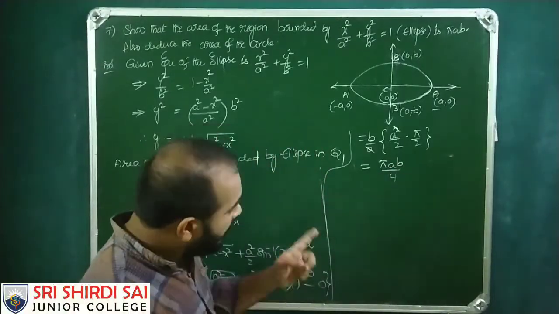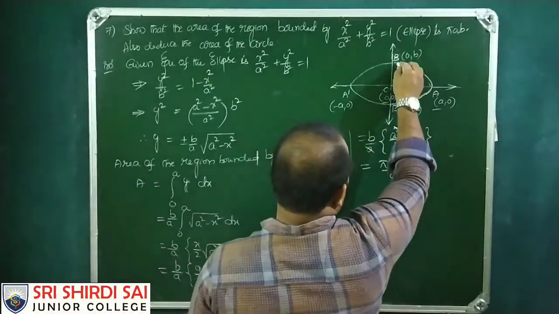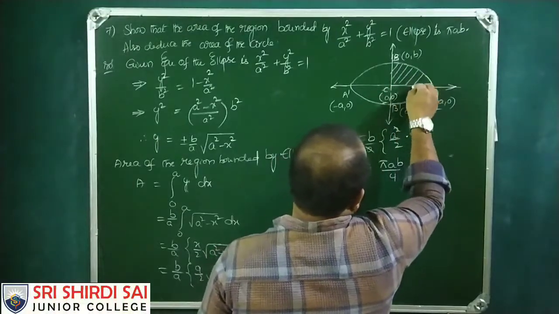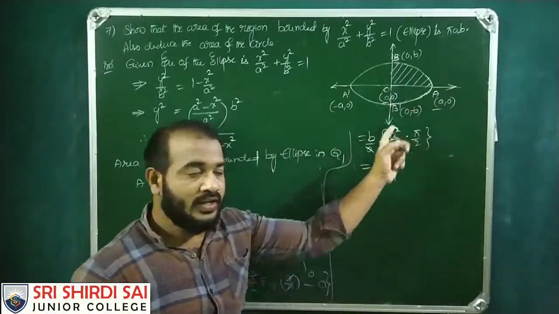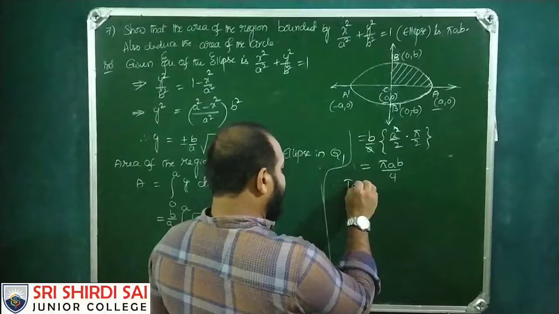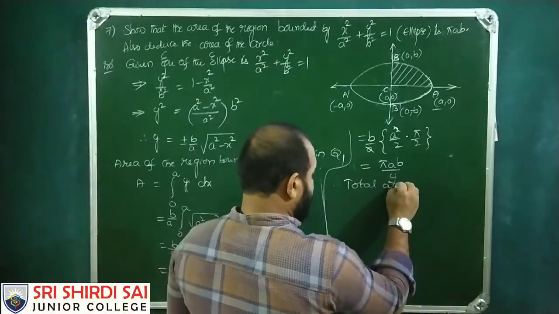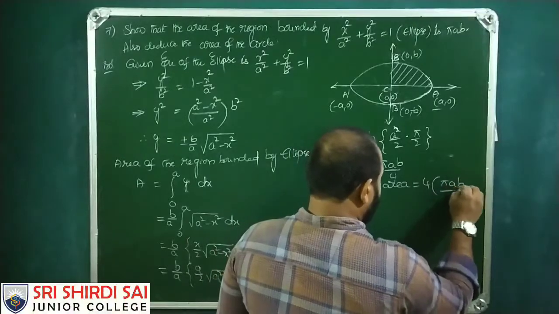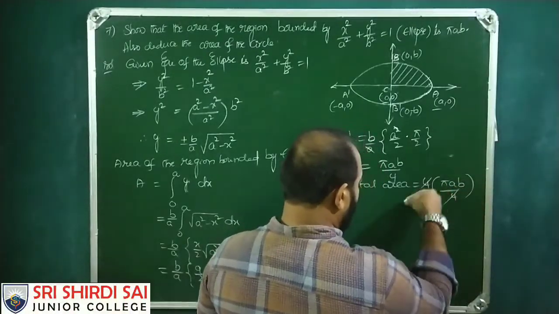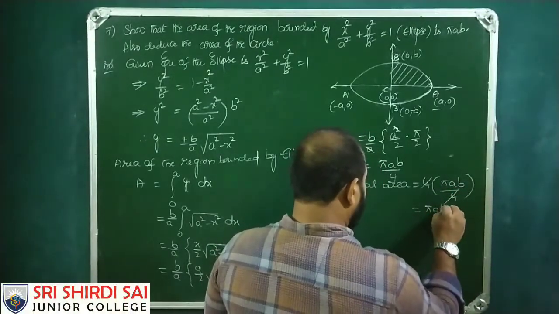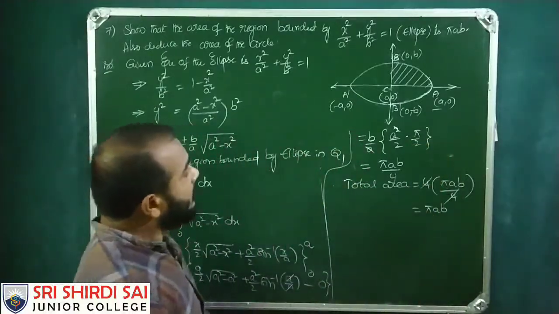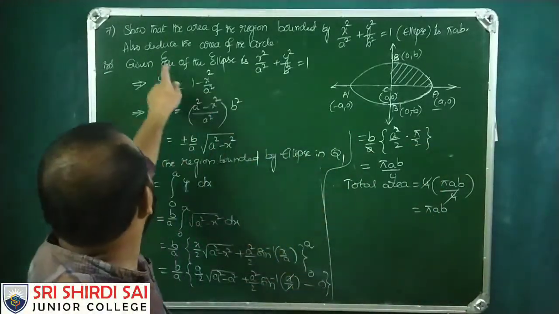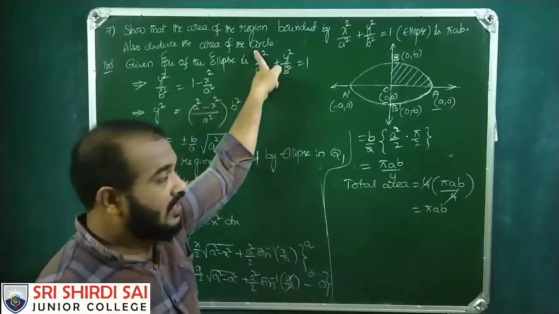But this is the area of the region bounded by the ellipse in the first quadrant itself. There are 4 such quadrants in total. Therefore the total area is 4 into pi ab by 4, the 4s cancel, and pi ab is the area.